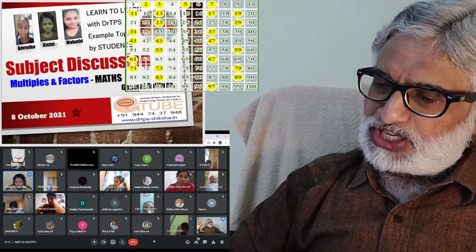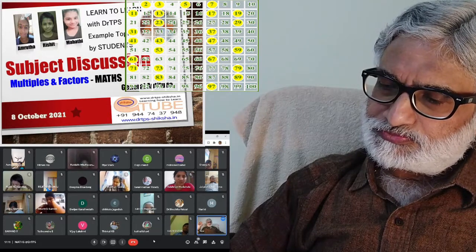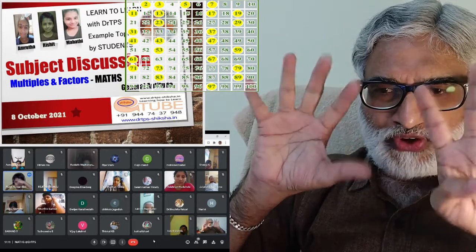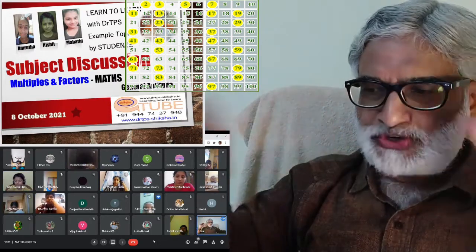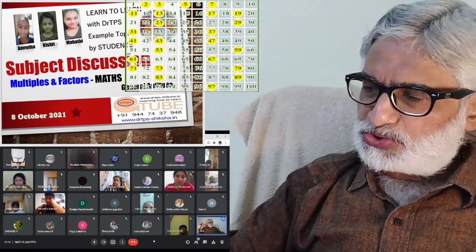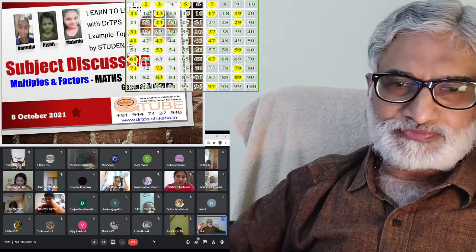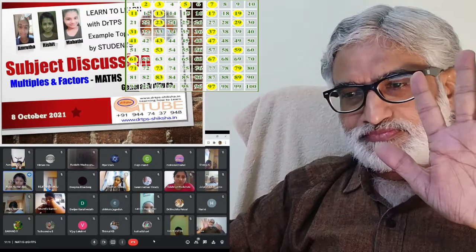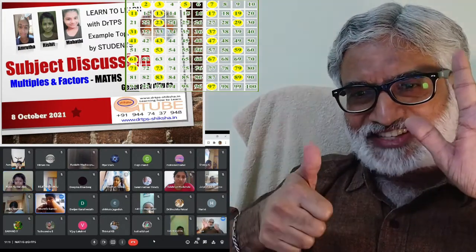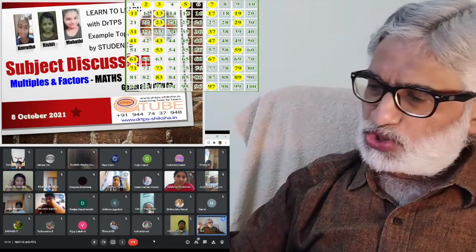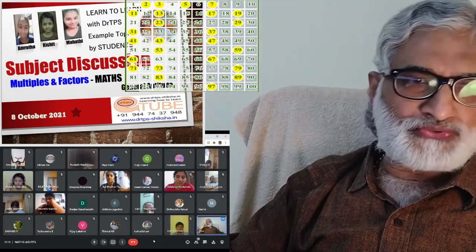And 45 square: 4, the next number is 5, 4 into 5 is 20. So you write 2025. 55 square is 5, the next number is 6, 5 into 6 is 30. So you write 3025.